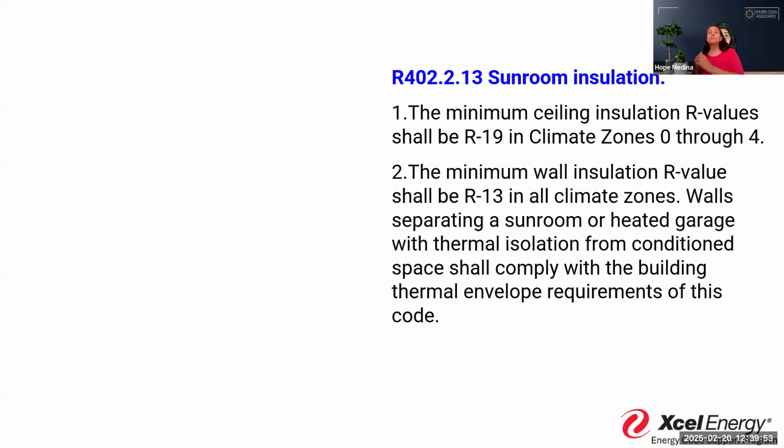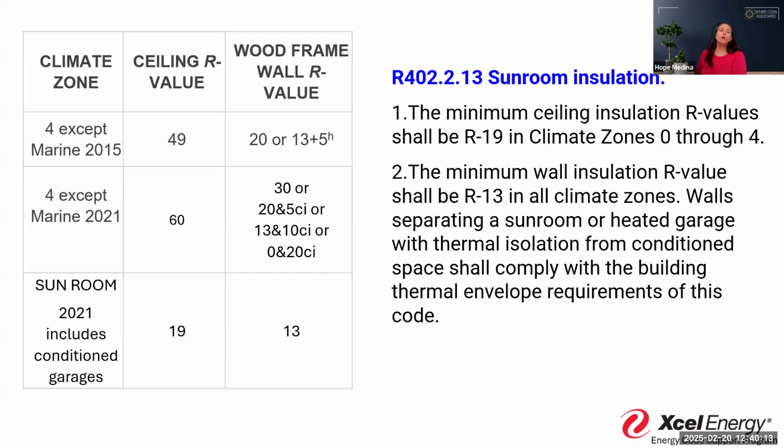And it also says that your roof doesn't have to be an R49 or an R38 or an R60. You only have to insulate that roof line or ceiling line to an R19 value of the code. So we're not looking at this. What we're looking at is this.